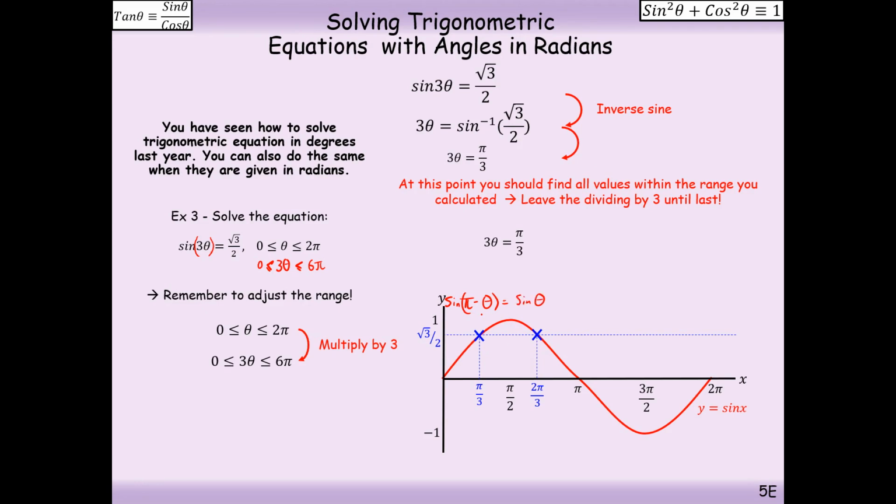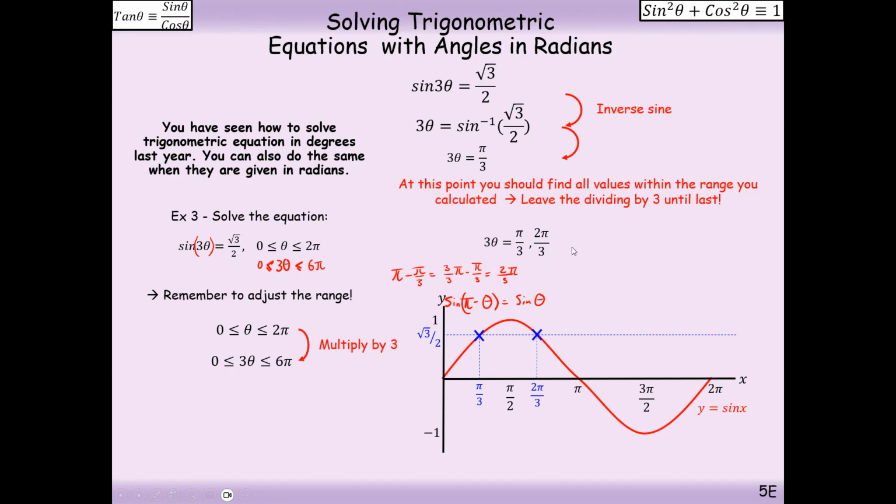So we said pi minus pi over 3, that's 3 over 3 pi minus 1/3 of a pi, which left us with 2/3 of the pi. Now that only gives us the first two principal values.